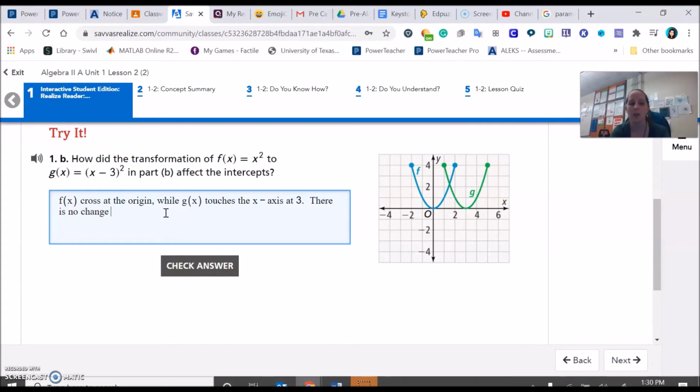There is no change crossing the y-axis in this graph. However, if you extend g of x further, it will cross the y-axis one time, right over here on this side.